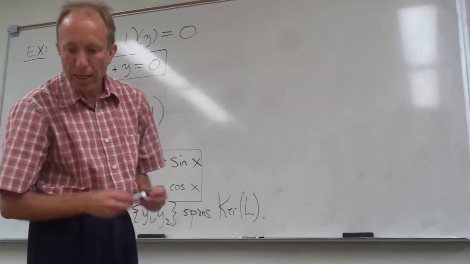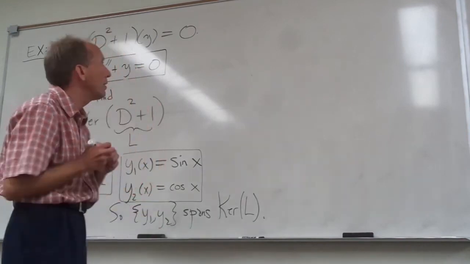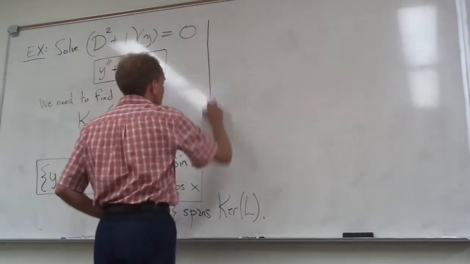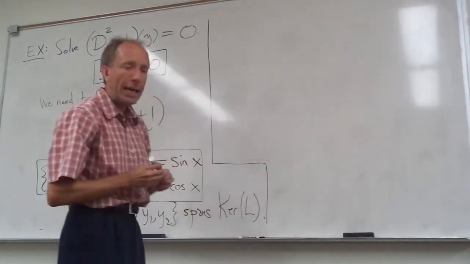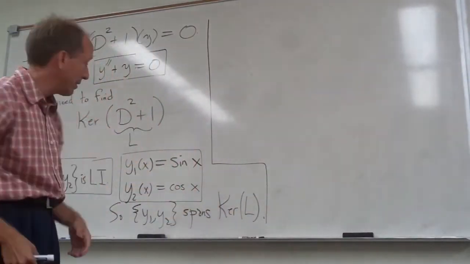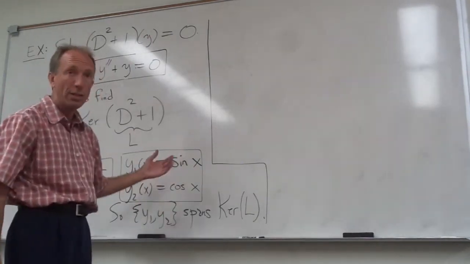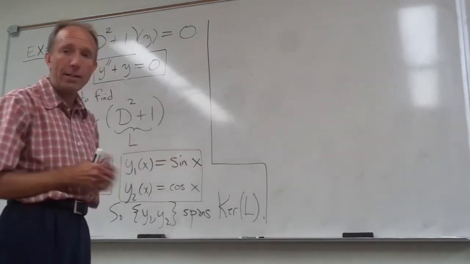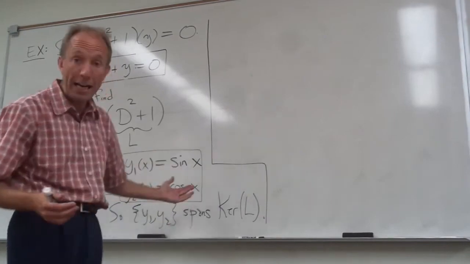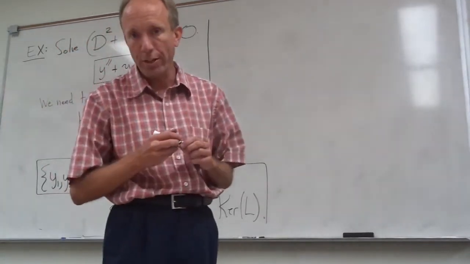I might just take a quick minute and address one final point here, which is, in the case of a two-dimensional space, and we have just the two solutions here, it was pretty easy to just look at it and say, yeah, I know that these are LI, because they're not multiples of each other.